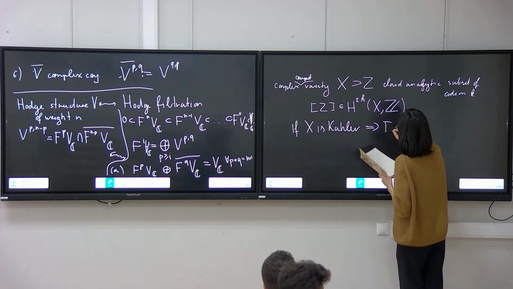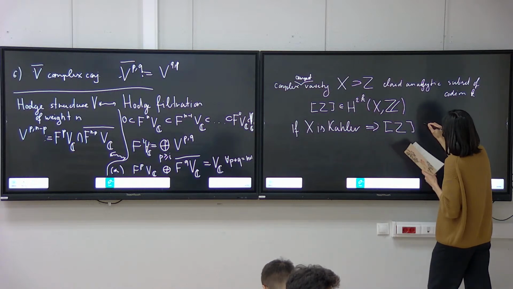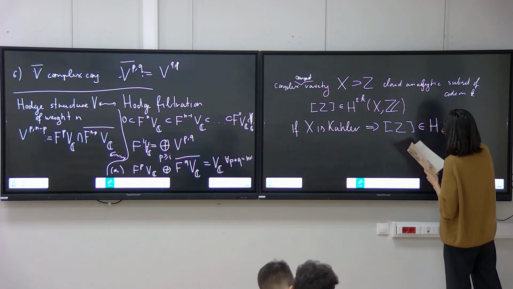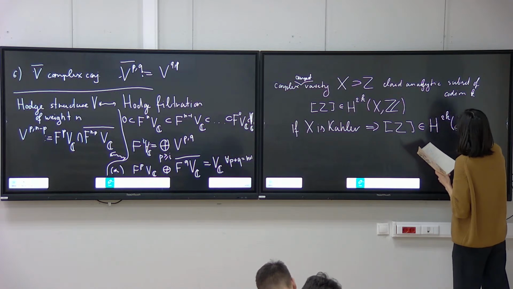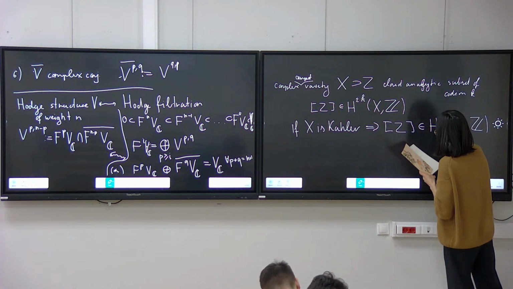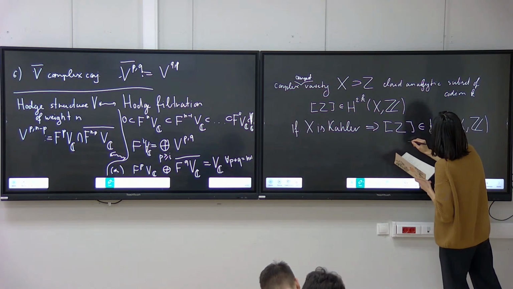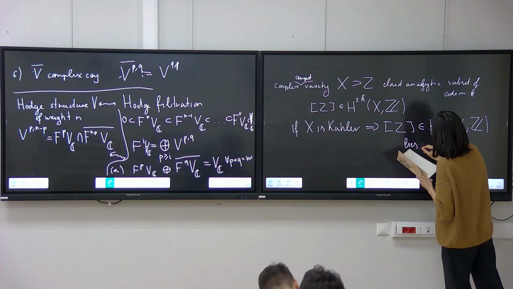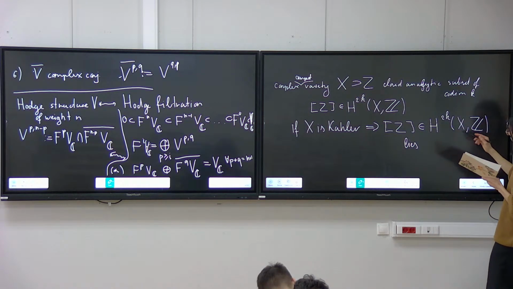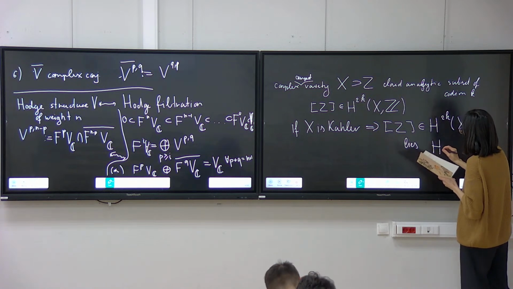then it's easy to show, if you work out all the details, that its image in the complexification of this homology lies where?